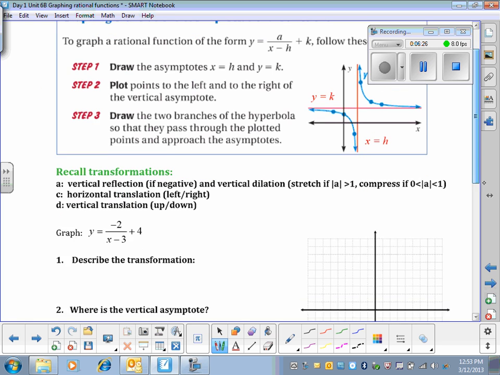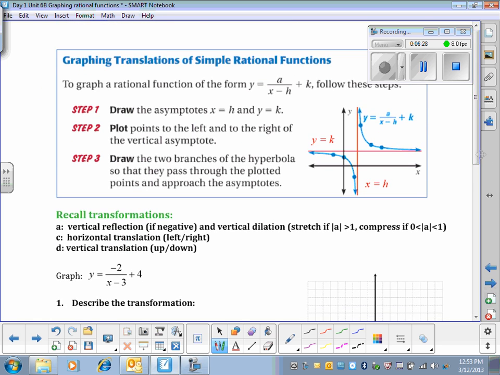All right. So then, of course, we're going to get a little more complex, right? So this is like the parent graph, but it's just got a little more added to it. Remember with translations, do you guys remember translations? We did that big worksheet and we kind of cut out the shapes and put them in the right place. What did the h tell us in that? What does the h tell us?